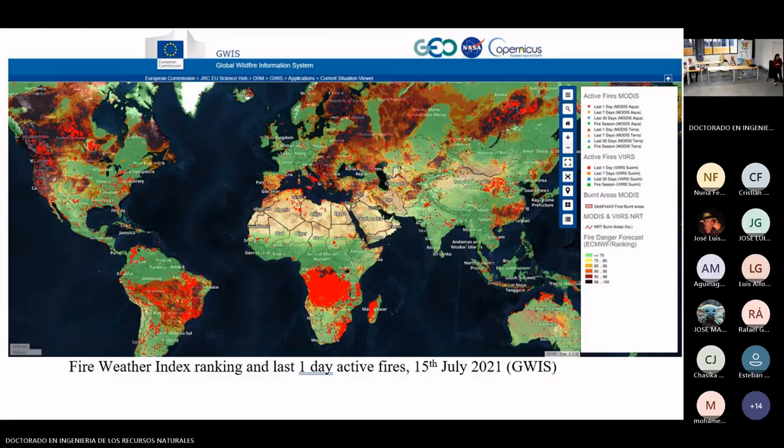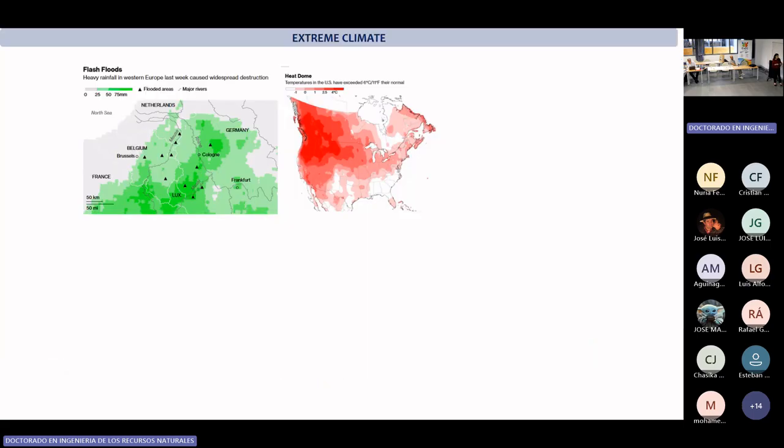So before the extreme rainfall and cold period in Western Europe and North Europe, in Canada and the US we had really heat waves. So what's happening? We have discrepancies between two extremes: cold, extreme rainfall, fluvial flooding in one place, and heat waves in other parts.